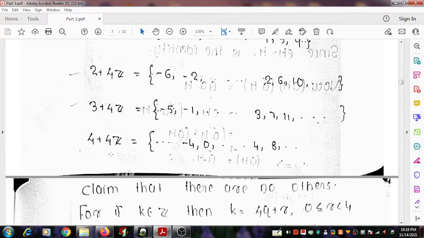And 4 plus 4Z is actually equal to 4Z. It is the set coming from minus infinity up to minus 4, 0, and then extending in the positive direction of the real axis, we have 4, 8, etc. Indefinitely it goes.